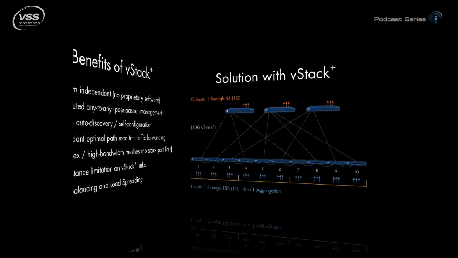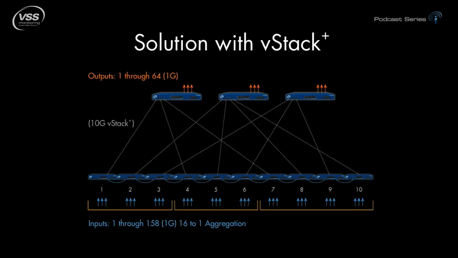Here's an example solution with vStack Plus. You can see here in this example, you have many network inputs that are being monitored. You have redundant links between VSS taps for vStack Plus, and you have some high-level taps, 10 gig units at the very top of the screen, A, B, and C, that are actually sending out data to your monitoring devices.